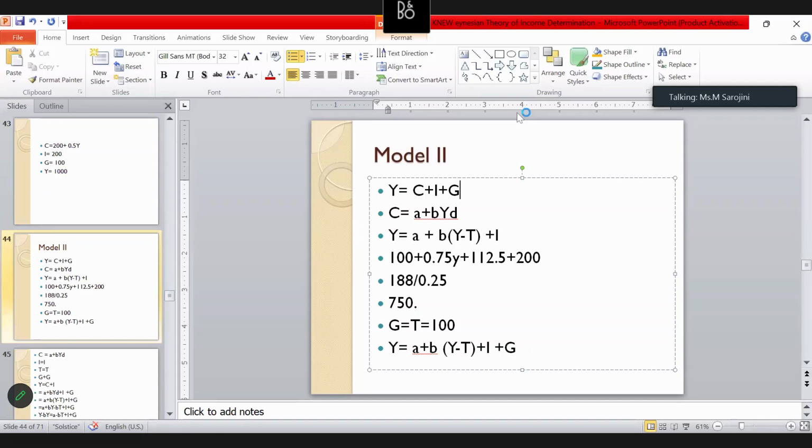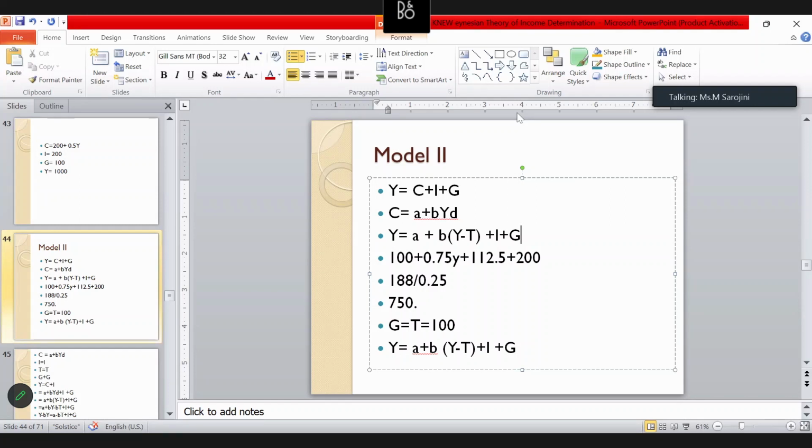Here we add one more thing, that is the tax. Here we have to put G. This is the equation when there are taxes and government expenses.